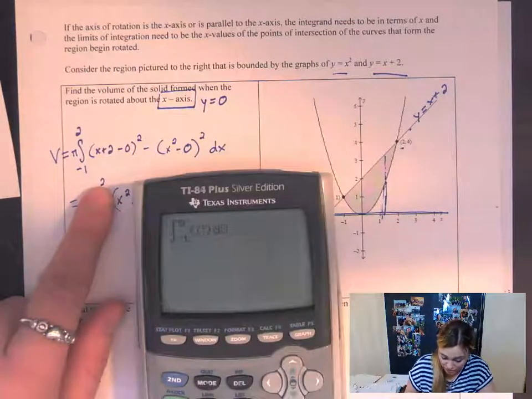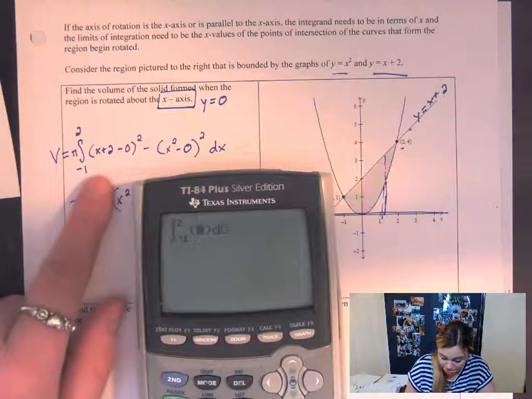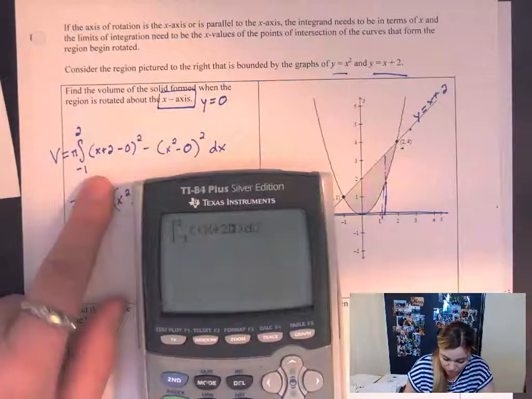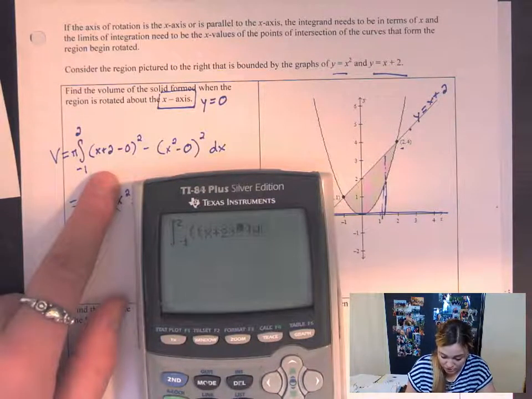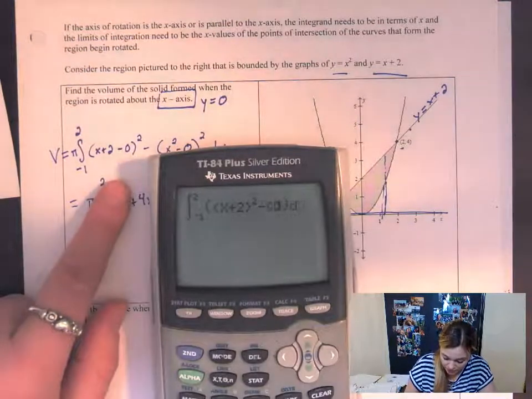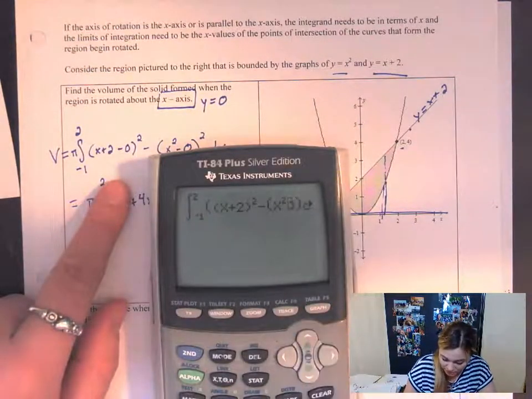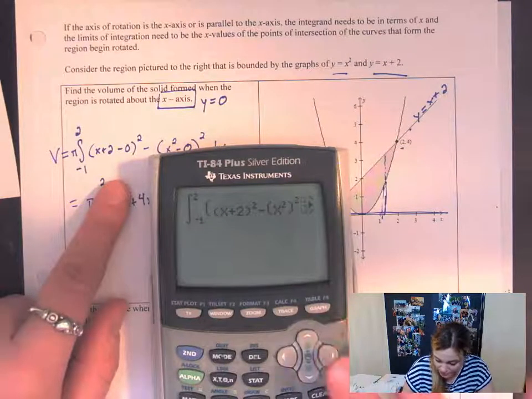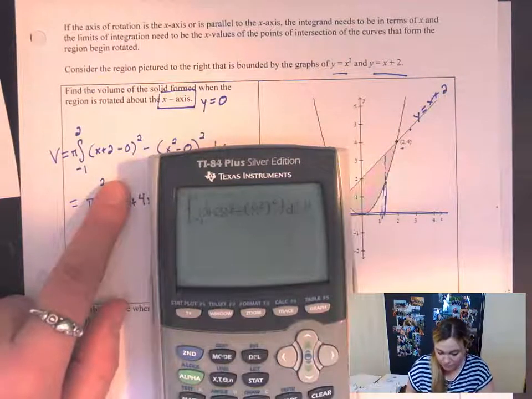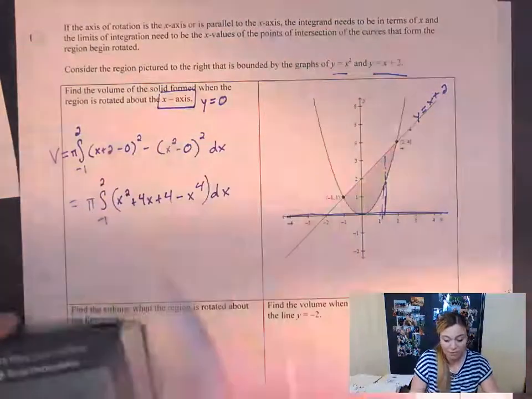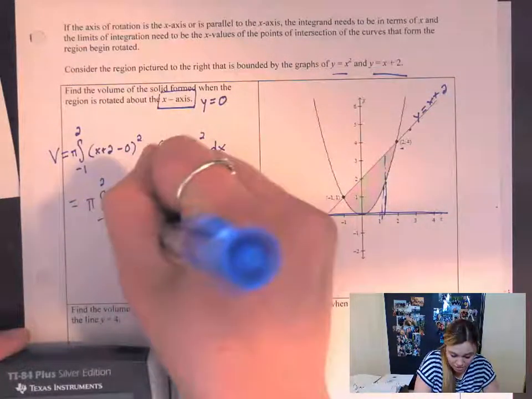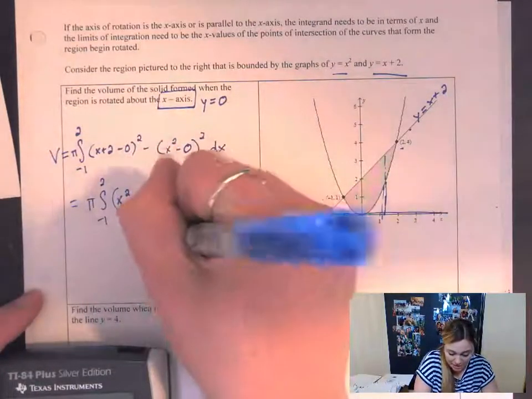So negative 1 to 2, x plus 2 minus 0 would still be x plus 2, the quantity squared, minus x squared squared. We got 14.4, but don't forget we have to multiply by pi.